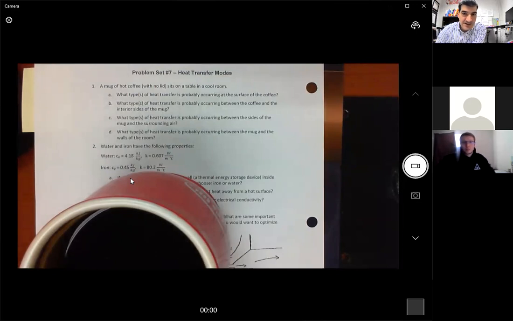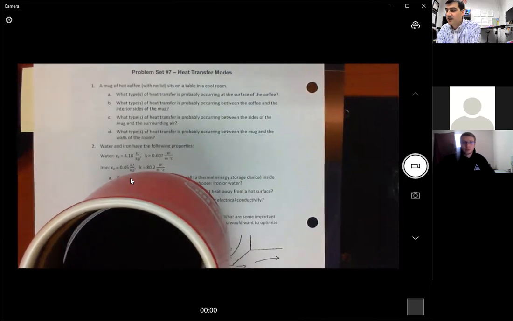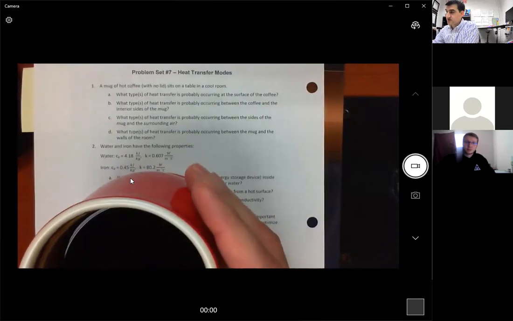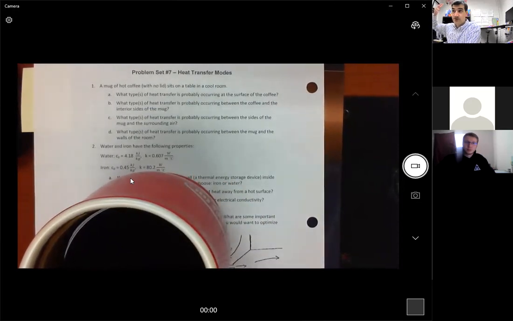And part D, what type of heat transfer is occurring between the mug and the walls of the room? All right, well, there are probably two things that are significant here. We do still have convection, so probably we have convection from the side of the mug to the air, and then that air is moving either through natural convection or forced convection, and then it's transferring its heat to the walls.